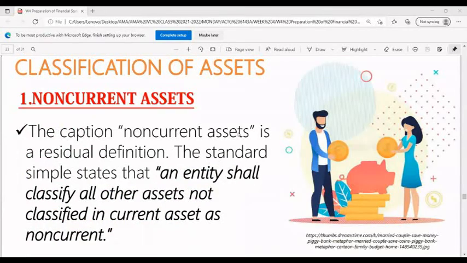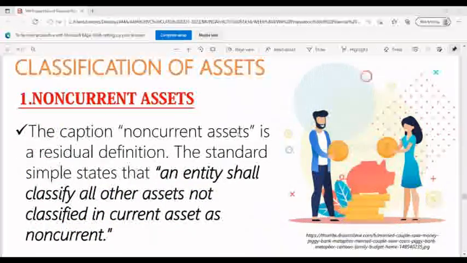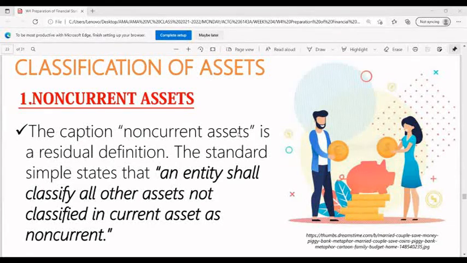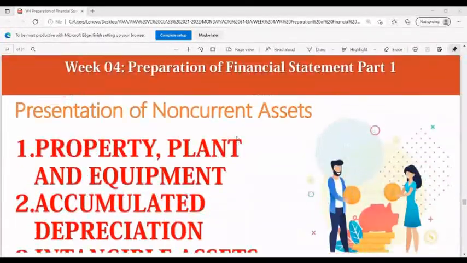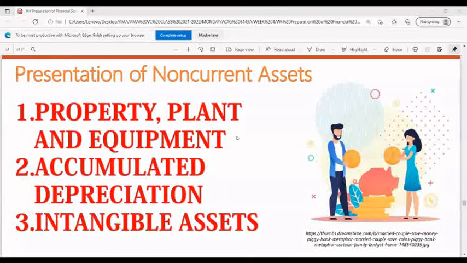For the classification of assets under non-current assets, the caption of non-current assets is a residual definition. The standard simply states that an entity shall classify all other assets not classified as current as non-current. In the presentation of non-current assets, these are property, plant, and equipment, accumulated depreciation, and intangible assets.